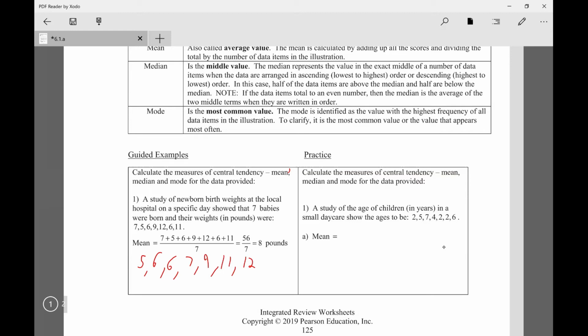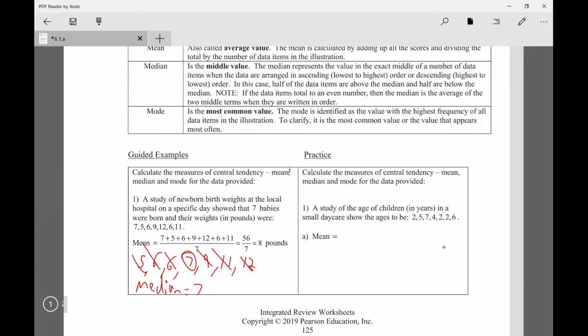Now we need to cross them off, from lowest and highest. If I cross off the lowest, I cross off the highest, and we keep doing that until we reach a center value. Here, our center value is 7. That means our median is equal to 7.